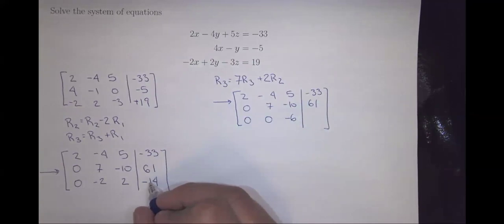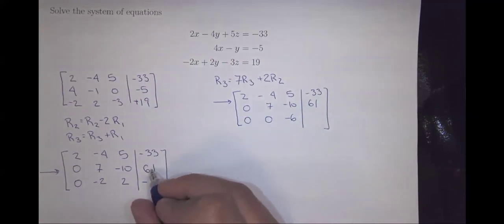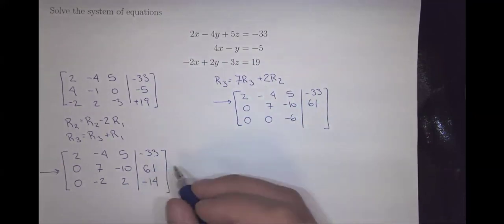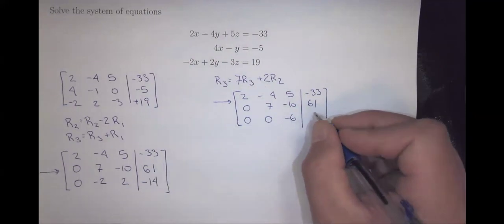And -14 times 7 plus 2 times 61 gives us a positive 24.